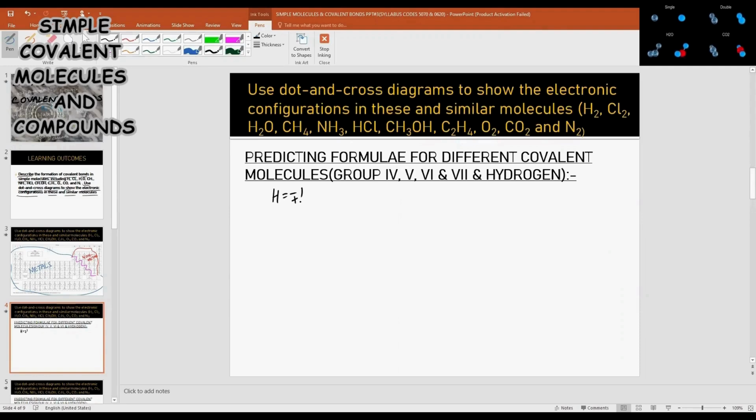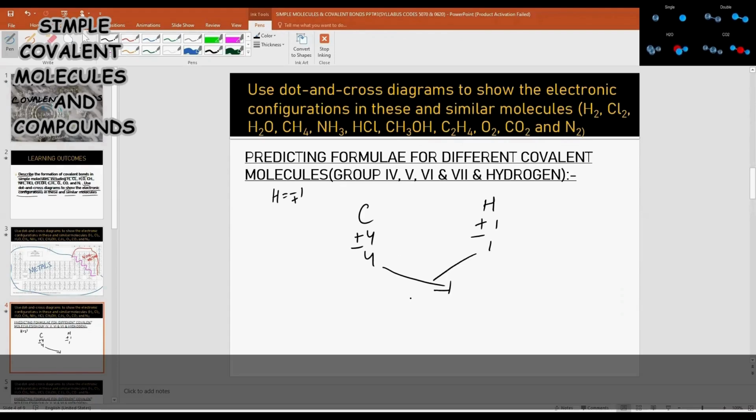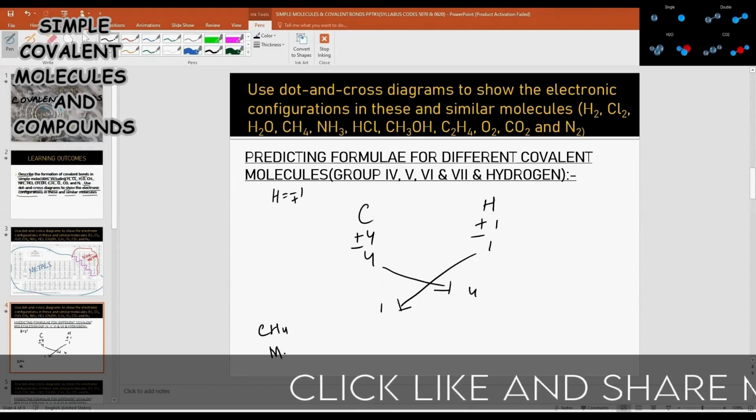So I want to predict the formula between carbon and hydrogen. C is the symbol for carbon, H for hydrogen. The valency of carbon is +-4. For hydrogen, it's +-1. Ignore their charges. These subscripts will be exchanged. It will become like this. So the final formula will be CH4. It is methane.